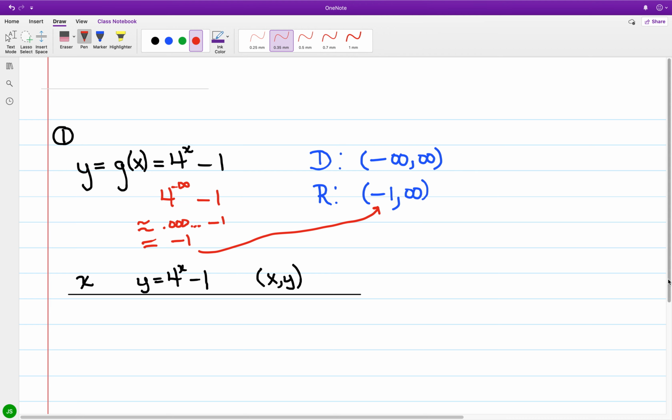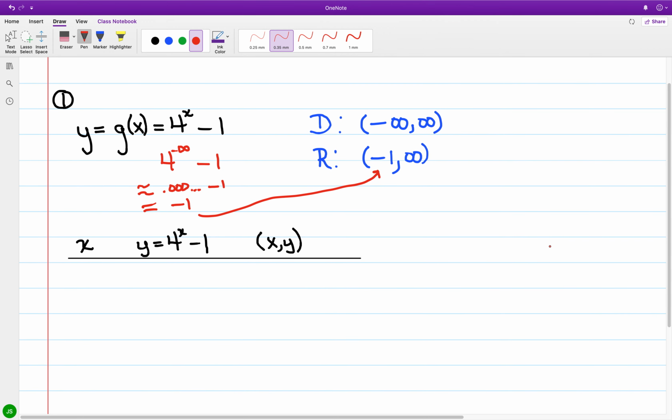Just lining up what we have here: for the domain, the set of x values, we have the set of all real numbers. And for the range, you have the smallest possible value that is greater than negative 1, going all the way out to infinity.